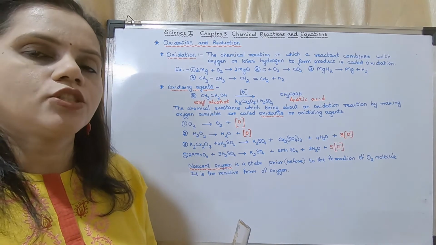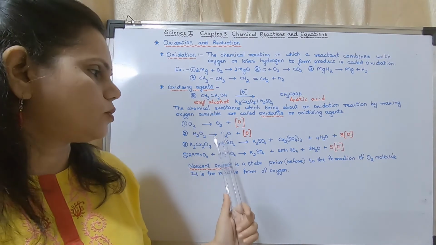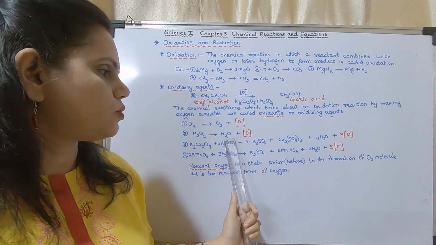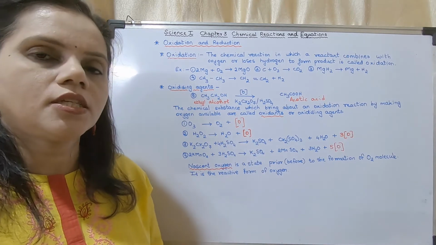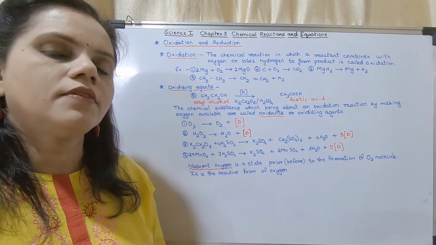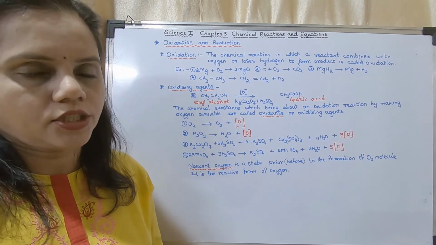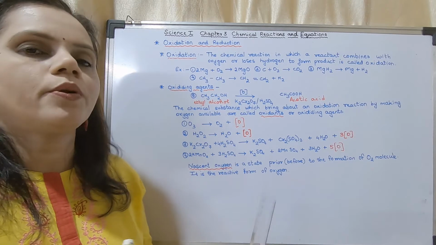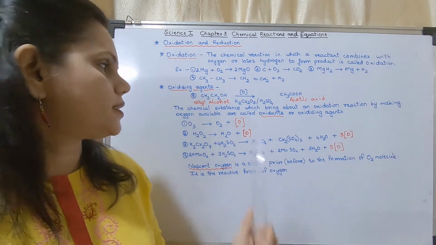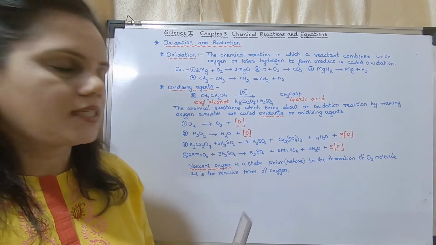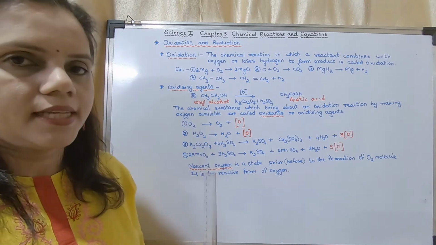We are going to add H2O2. When we provide H2O2, in the solution H2O is formed and nascent oxygen is formed. This nascent oxygen will react with that reactant and carry out the oxidation reaction. So somebody who provides oxygen is said to be an oxidizing agent.